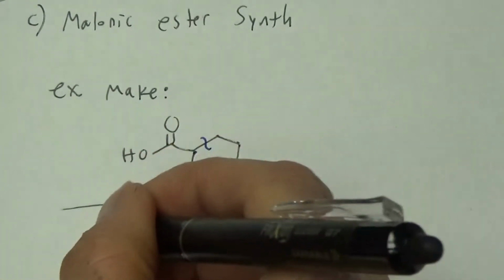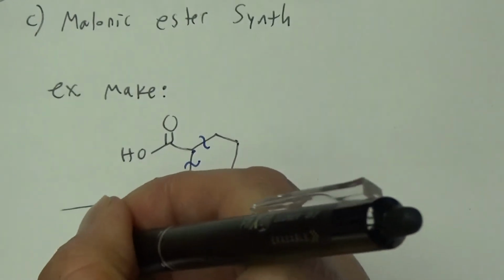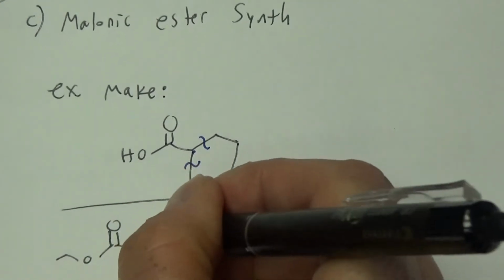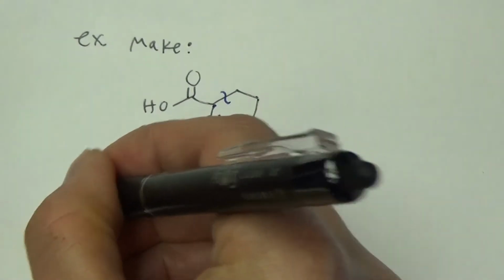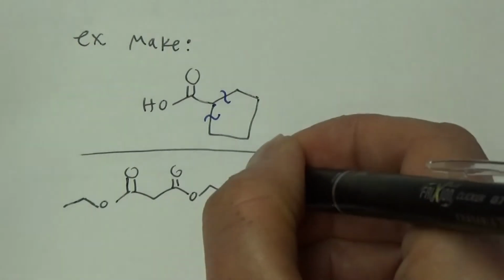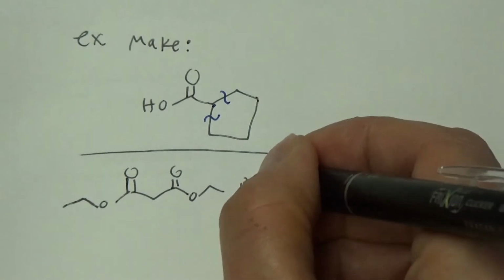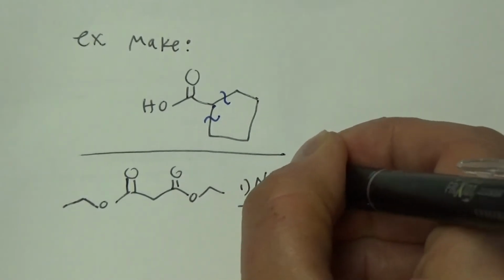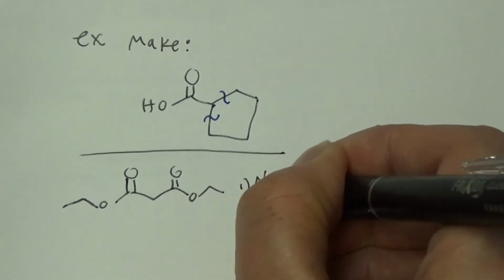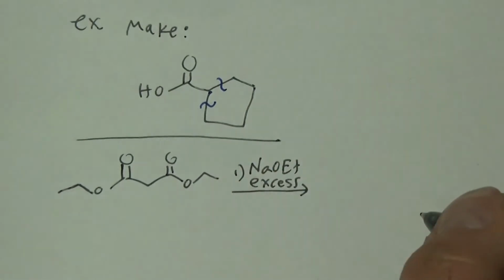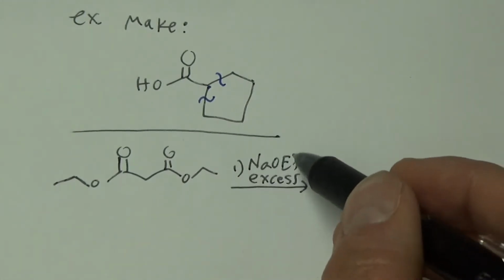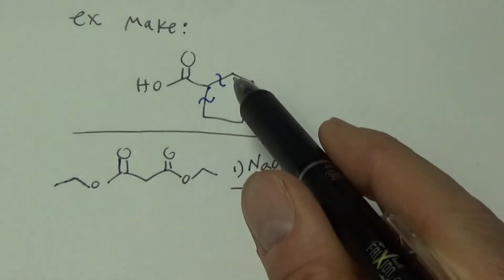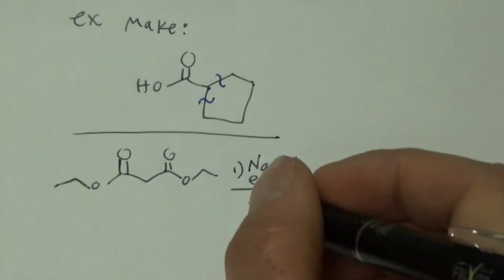Alright, so to do the whole thing, start with your diethyl malonate. And again, in this situation, what I do is I just say base, excess, because it's not like we're going to do this sequentially, like add one thing and then the other. We're just going to do it all at the same time.